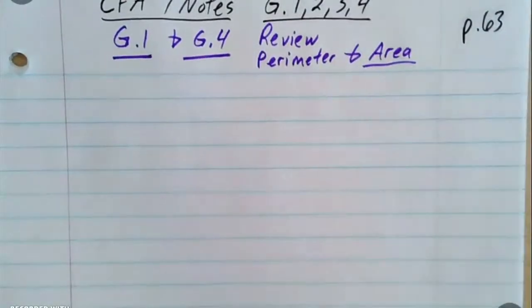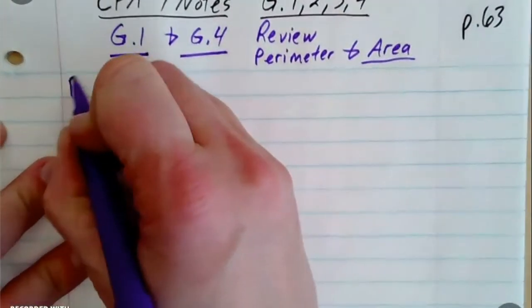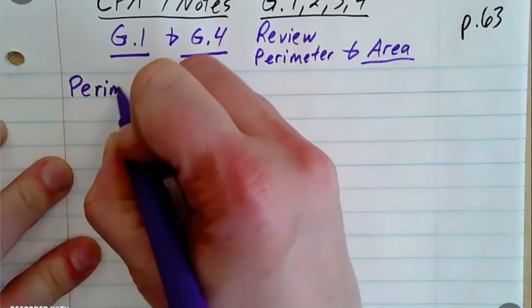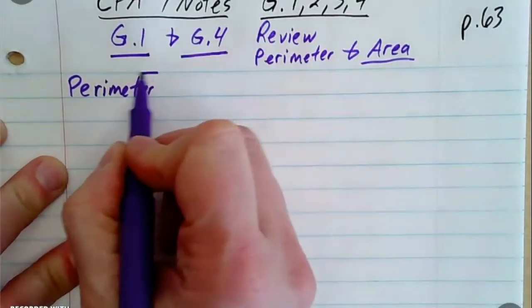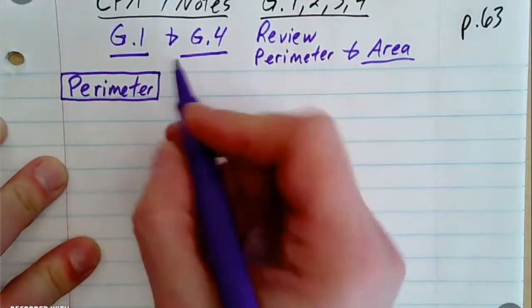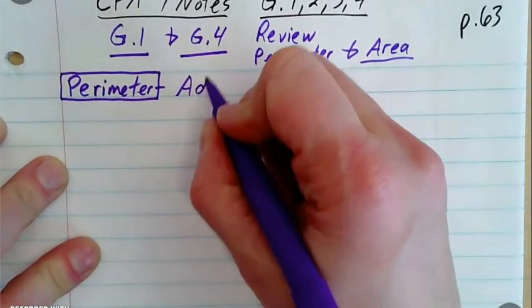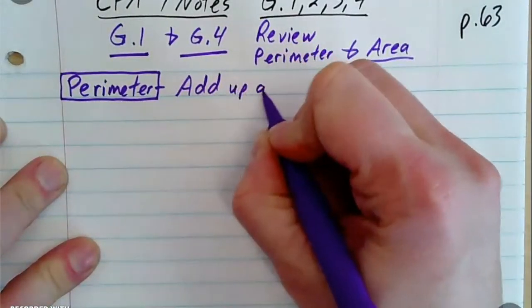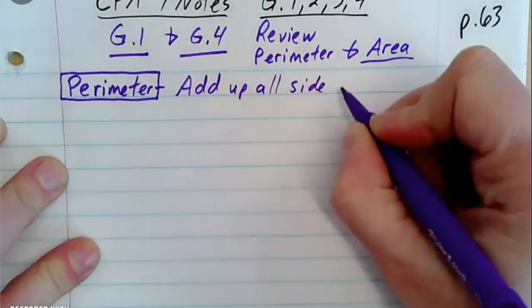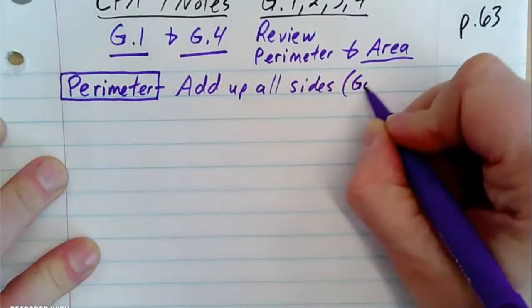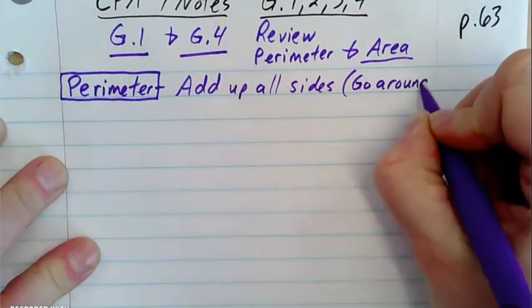First off, we're going to talk about perimeter and what we know about perimeter. When asked about perimeter, we think about adding up all the sides, so going around an object. Add up all sides. We talk about to go around something.